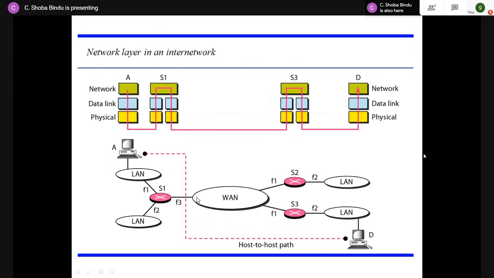For that, it has to look at the network addresses. So every intermediate node, that is the router, will look up to the third layer, the network layer. This network layer is responsible for routing the packet from the source to the destination.